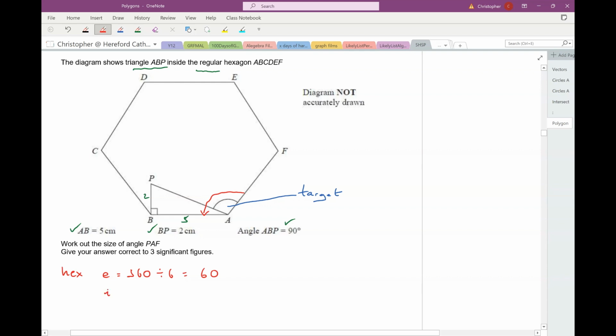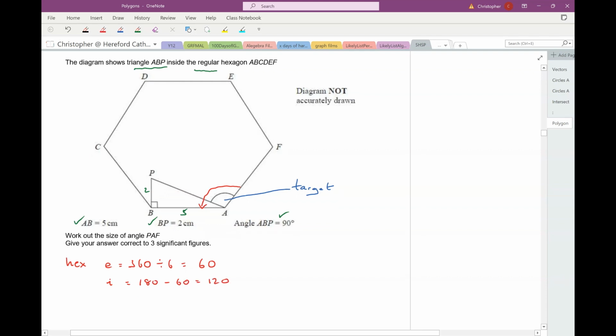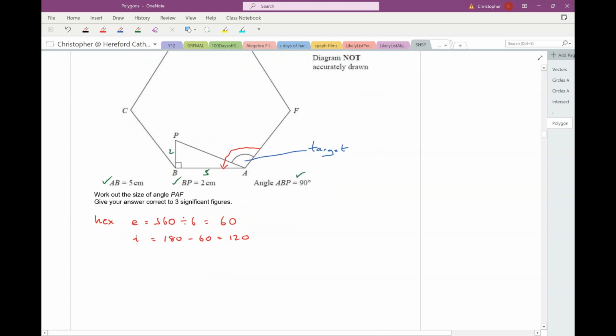So the interior angle, which is the whole of that red angle, is 180 minus 60, 120. Good. Now, if only I could work out this green angle here, then I could calculate my target angle by doing 120 subtract that green angle. How can I work out that green angle?